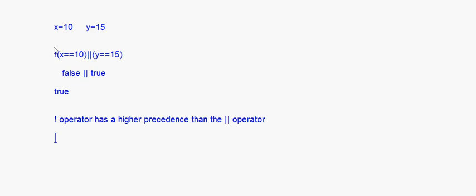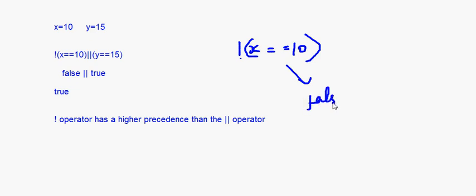That is wrong. First we do not x is equal to 10, whose result is false, then false or y is equal to 15. It's like this, right? So this is how the logical operators and the relational operators work.